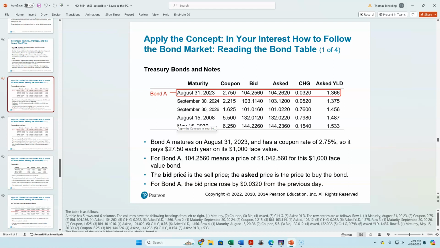And then you get the ask price, the price that buyers of bonds are saying they would pay, 104.26. And it's pretty close, right? So the market is basically going to clear. There's likely going to be a buyer and a seller at that, and there's obviously going to be a change from the previous day.